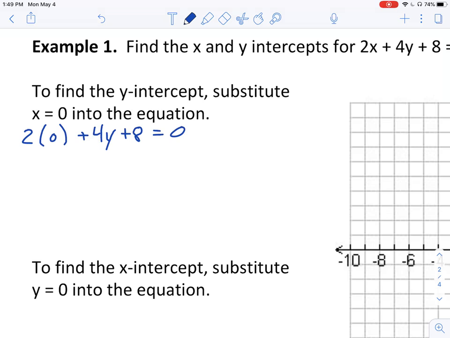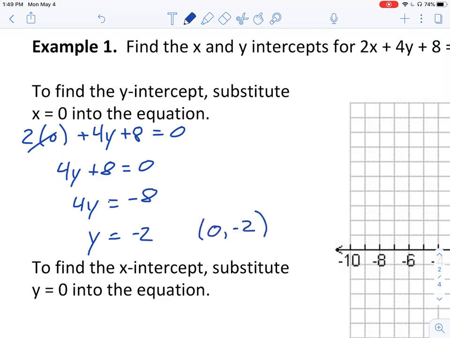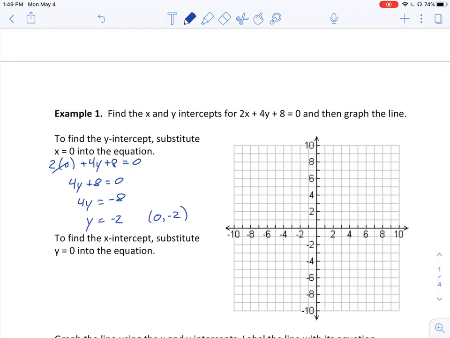This completely eliminates the first term, and I'm left with 4y plus 8 equals 0. 4y equals negative 8. y is equal to negative 2. So the coordinates of my y-intercept are (0, negative 2). I can plot that point.